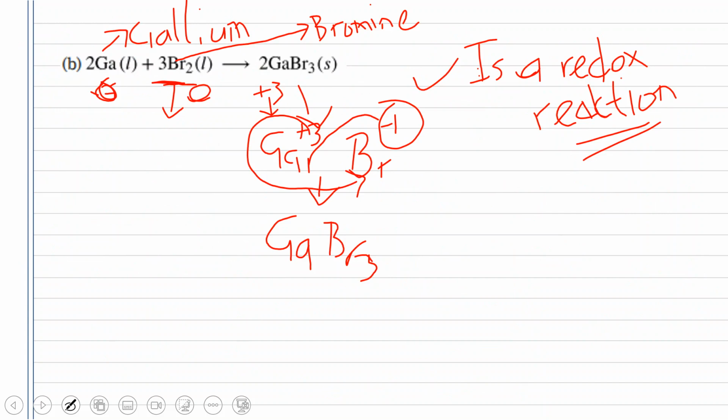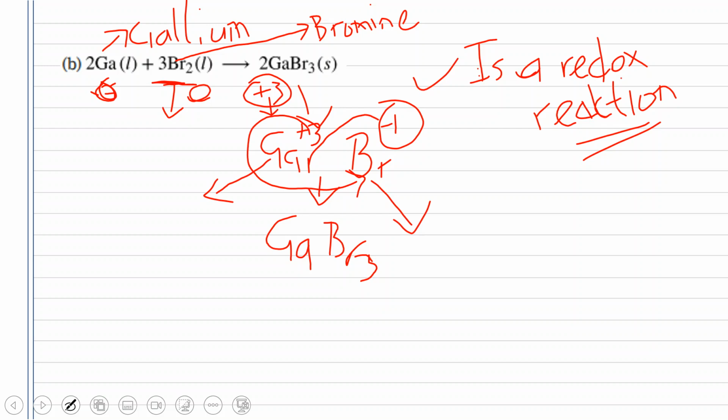For this guy to exist as +3, it means that it lost 3 electrons. For this guy to exist as -1, it means that it gained 1 electron. So we know that this guy gained the electron and this guy lost the electron.